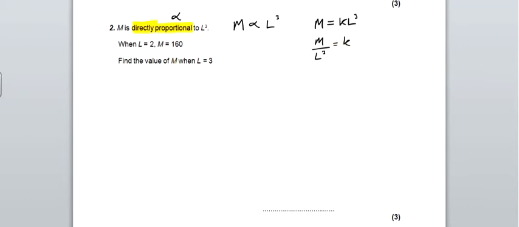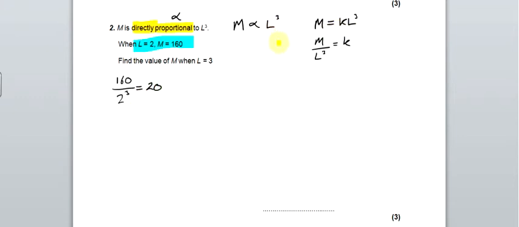And every single time you see one of these questions, they will give you a pair of values, which is what I'm about to use. So M is 160, and I'm dividing it by 2 cubed, which will give me 160 divided by 8, which is 20. So now I can put my bits of information together.